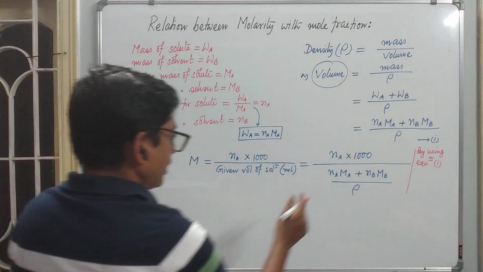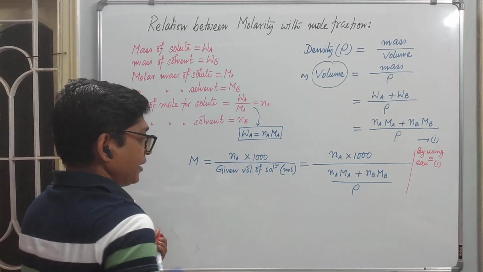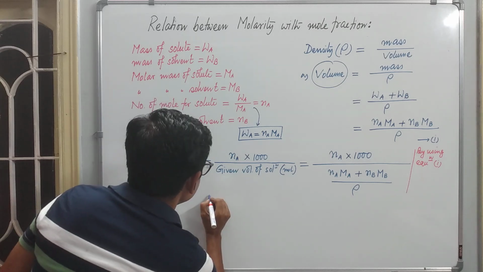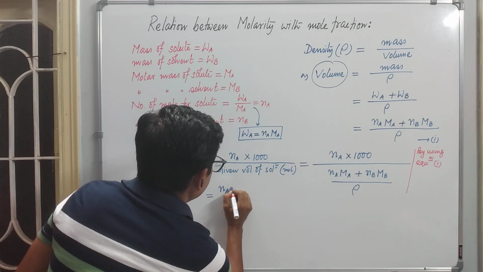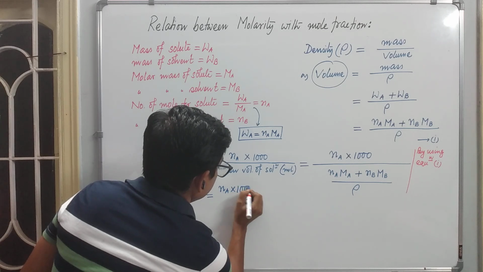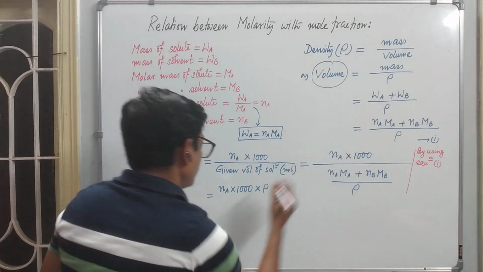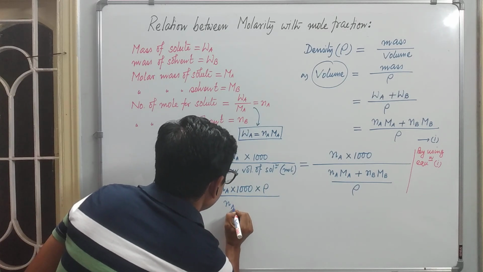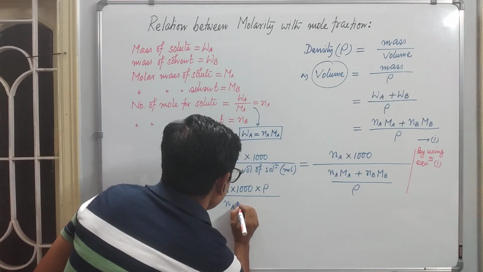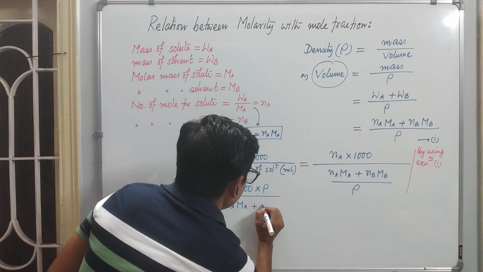Once it is done, the remaining things are very simple. Let me simplify it a little bit. It will become nA into 1000 into density, this one will go up, whole divided by nA MA plus nB MB.